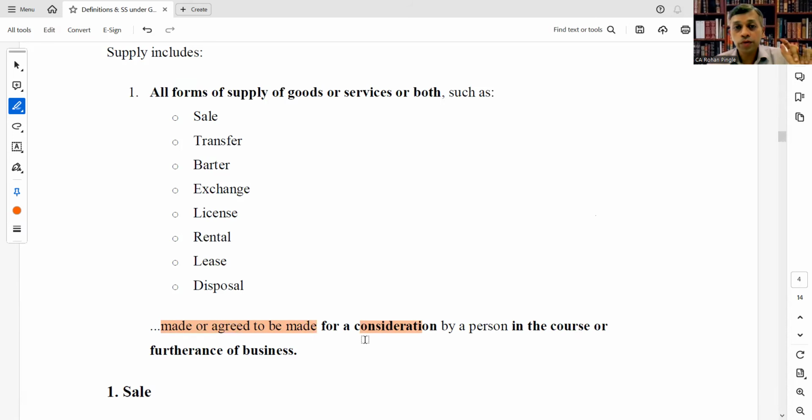These all forms of supply should be made or agreed to be made for a consideration by a person in the course or furtherance of the business. And we will see all forms one by one.